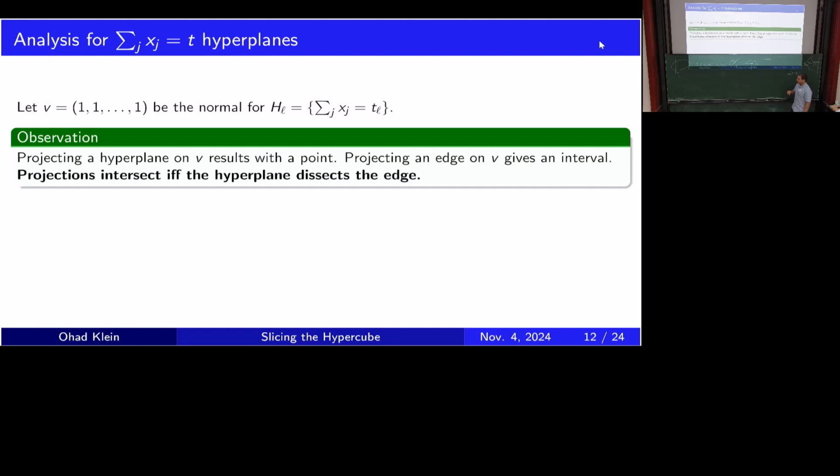So the idea we are going to use is this notion of layers. You can actually generalize to a broader context.